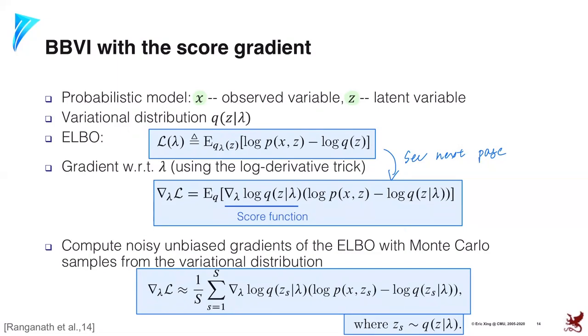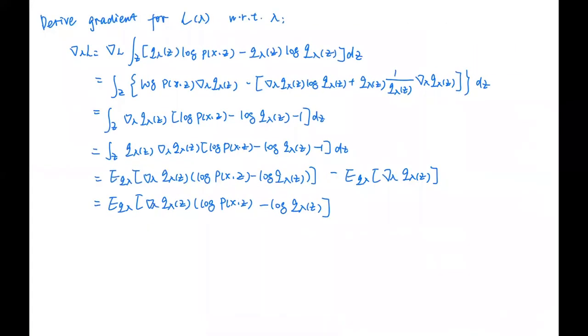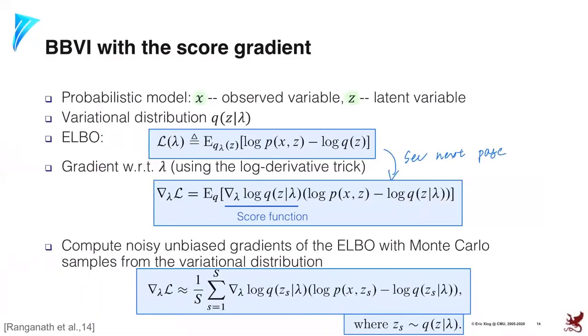The derivation process is here; we just follow these steps one by one and can finish it, so I skip the math for this part. Now that we have this gradient, we can take advantage of Monte Carlo to compute the noisy unbiased gradient of the ELBO with samples from the variational distribution.